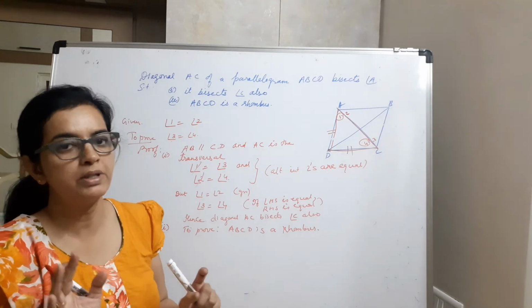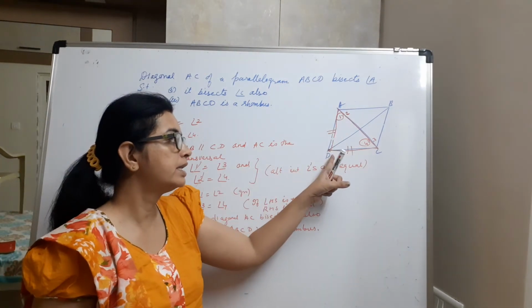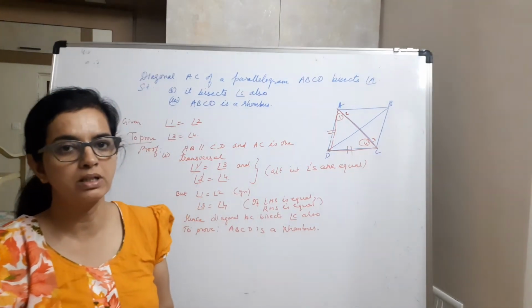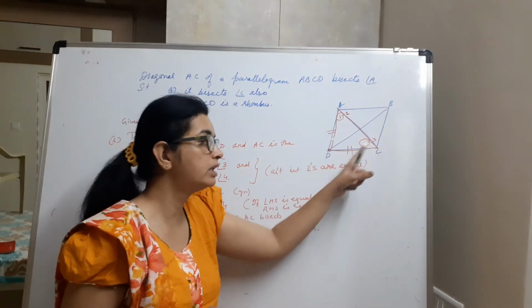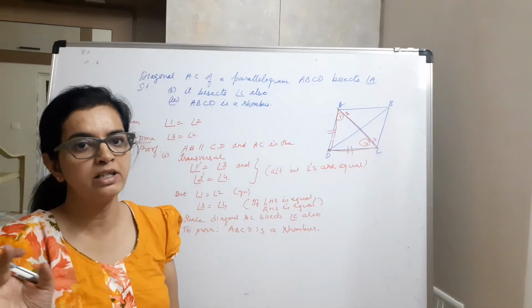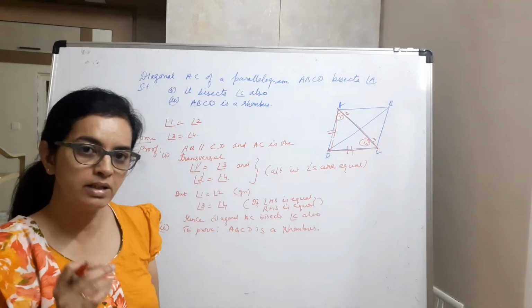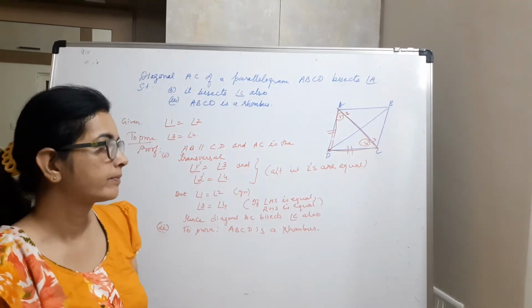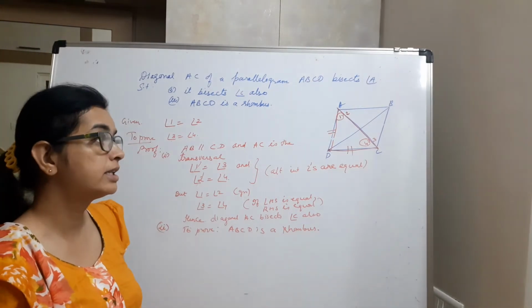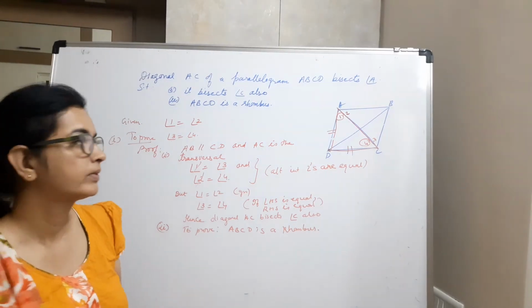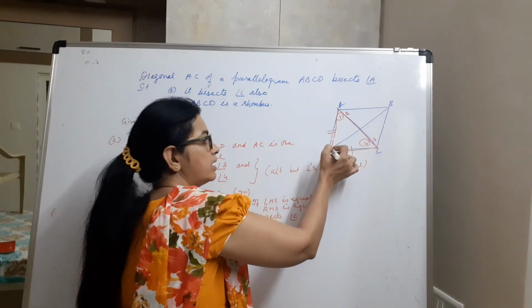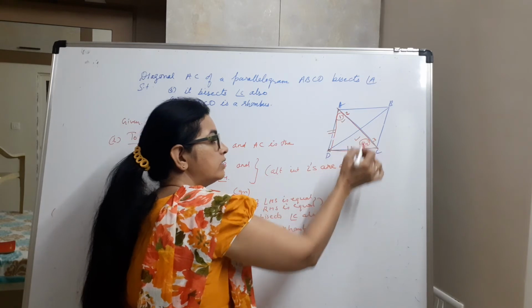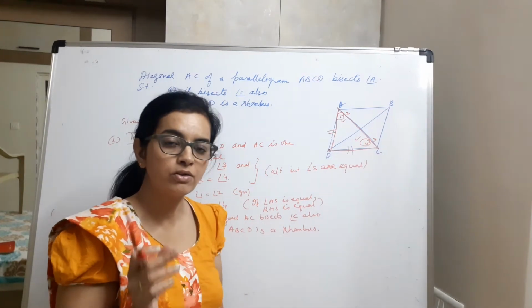That much one step is required: I need to prove AD is equal to DC, then it is a rhombus. But for that I have taken only one triangle. I have not taken any CPCT, no congruency. Is it enough? Just contemplate, is it enough? Yes, it is enough. In this triangle, if these two angles are equal, then it is an isosceles triangle.